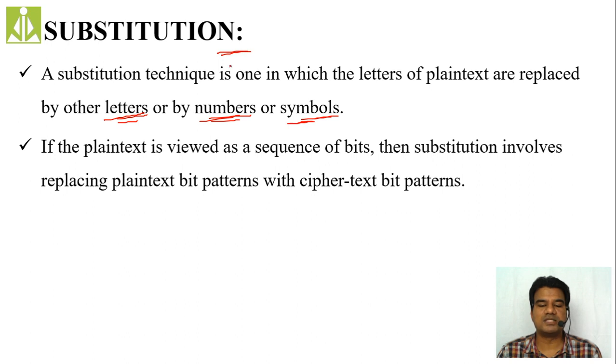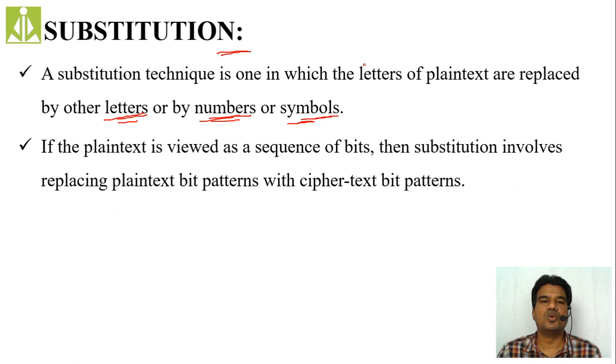There you will understand how this substitution technique is imposed and how letters, numbers, and symbols are gained as part of this transformation, or what we can say, the key is generated. If the plain text is viewed as a sequence of bits, then substitution involves replacing the plain text bit patterns with ciphertext bit patterns. How we replace plain text with ciphertext bits is dependent on the key.